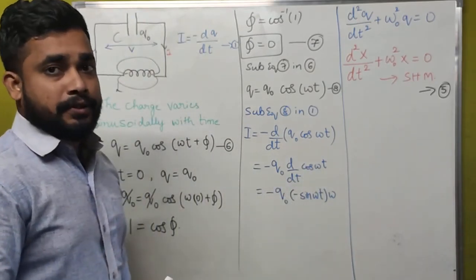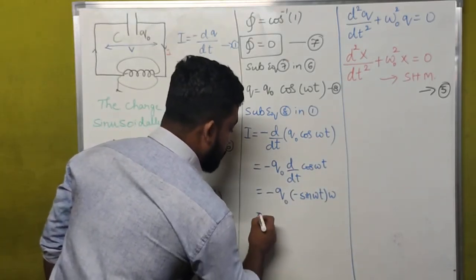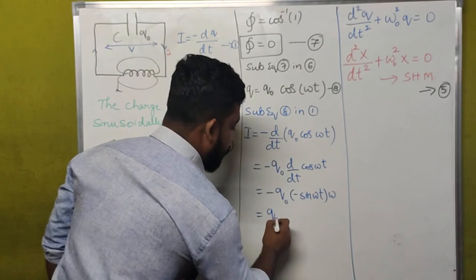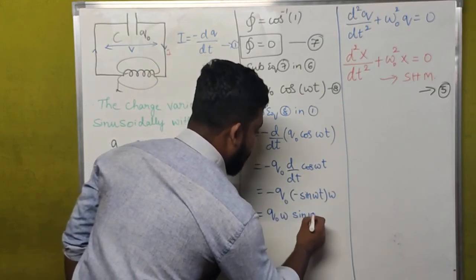Minus into minus is plus, giving Q naught omega into sine omega t.